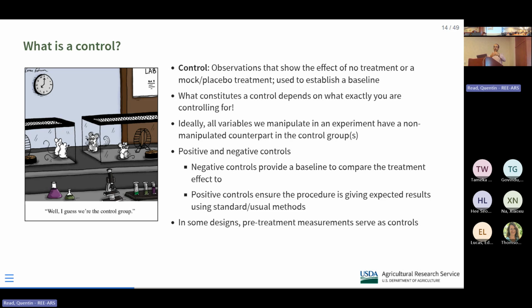So you have a pre-treatment baseline on those same individuals. Then you do the treatment and compare. So that's also a type of control. It's not as good as having an unmanipulated group, but in some cases it would not be ethical to have untreated subjects.